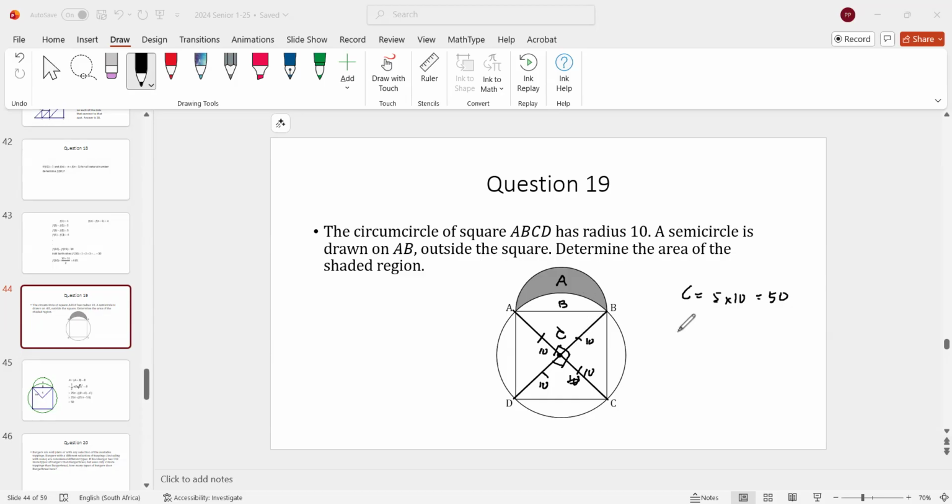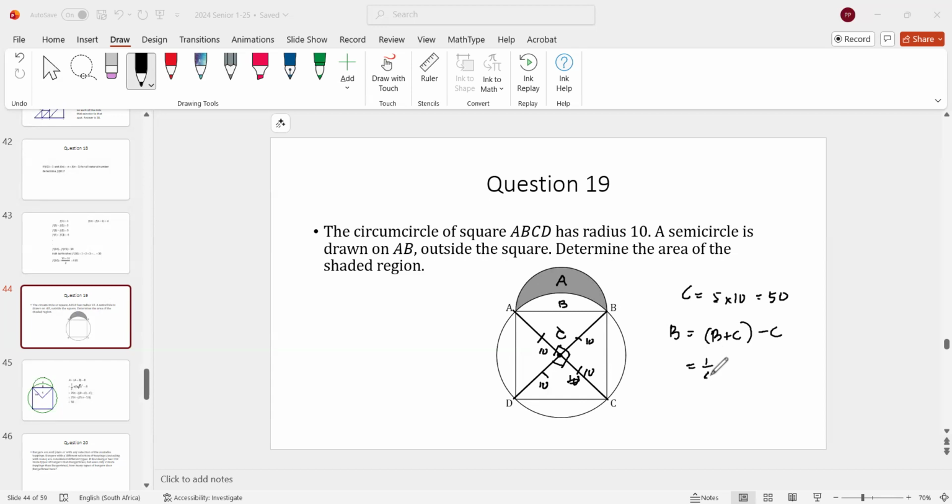Now B is, that's a funny looking shape, but you can say it is the same as B plus C minus C. If you add this triangle here, then I've got a quarter circle, you see.